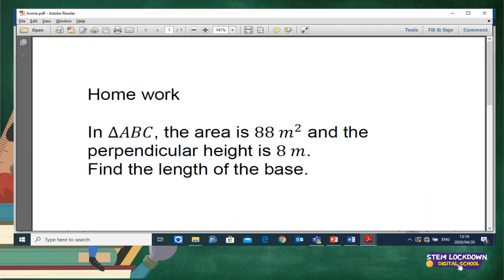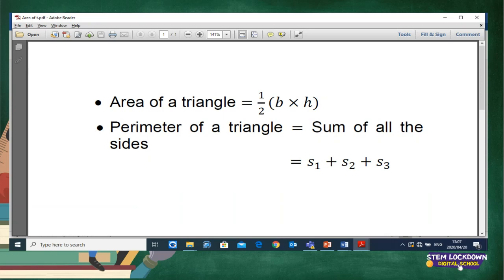And it is at this point that you can now apply the formula which you have learned today, and that is the formula to calculate the area. Remember, we have just spoken about it. We said that the area of a triangle is given by the formula half of the base multiplied by the height.